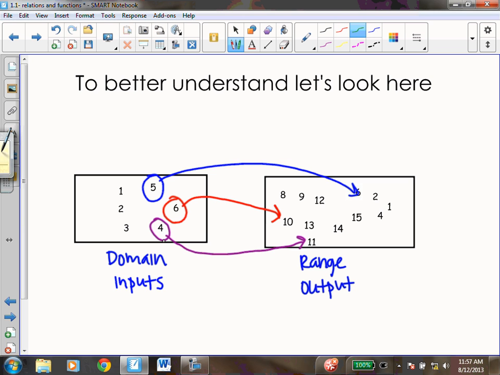So if I take this input of 4, and I get 11, but sometimes I get 14, then this relation that I have here would not be a function. So as long as each input has exactly one output, then this situation would represent some kind of function.